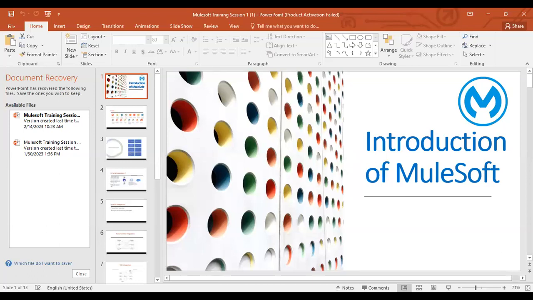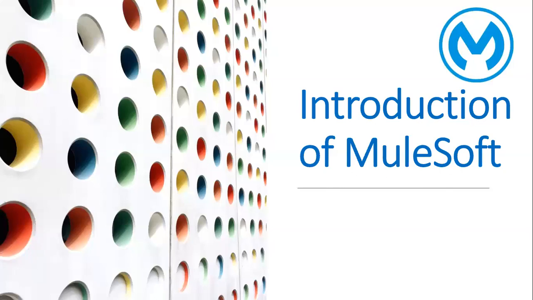Is my screen visible to everyone? Yes, we are good. From all the participants, just put one yes in the chat, so we will be able to understand you can see our screen and our voice is also clear. I can see a few participants here. Sai Ganesh, I can see you are only connected with your video device. Okay, Sai Ganesh connected 2 times. Okay, fine. Yeah, we can go ahead.